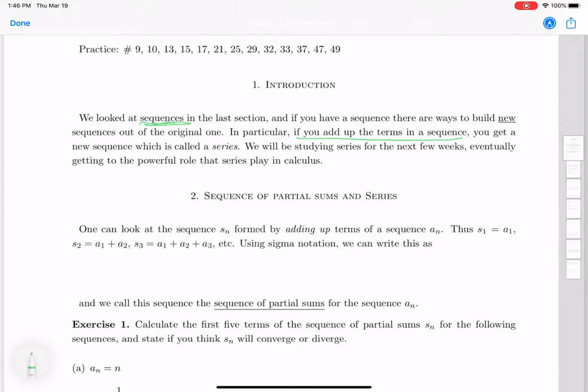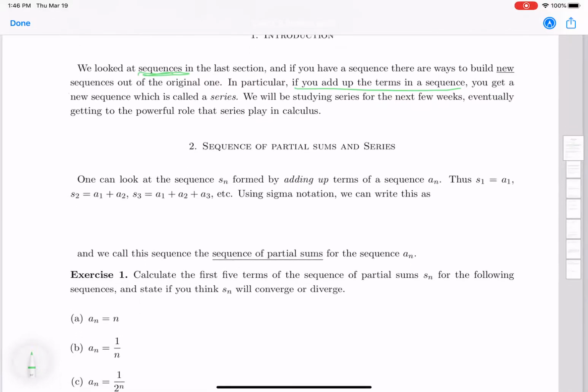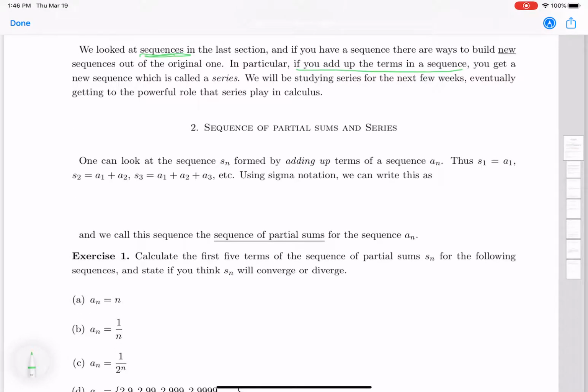It turns out that series play a very powerful role in calculus, and we're going to see how they connect to that stuff later on. So you can look at a sequence, which we're going to label as S sub n, the series or the sum of adding up terms of a particular sequence A sub n. So our third entry in our series is going to be the sum of the first three entries in the sequence.